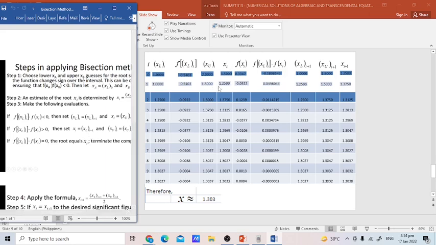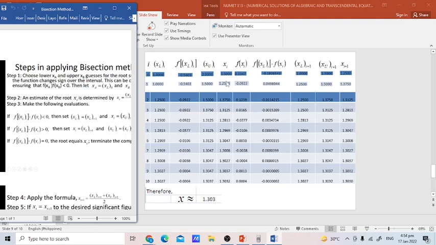So, yung 1.25 dahil positive, magiging lower value siya ngayon. So mapapalitan na yung 1, magiging 1.25. Hindi na siya 1. Okay? Kasi positive to eh. Mapapalitan na yung 1 ng 1.25. Okay? Kaya 1.25 na to.